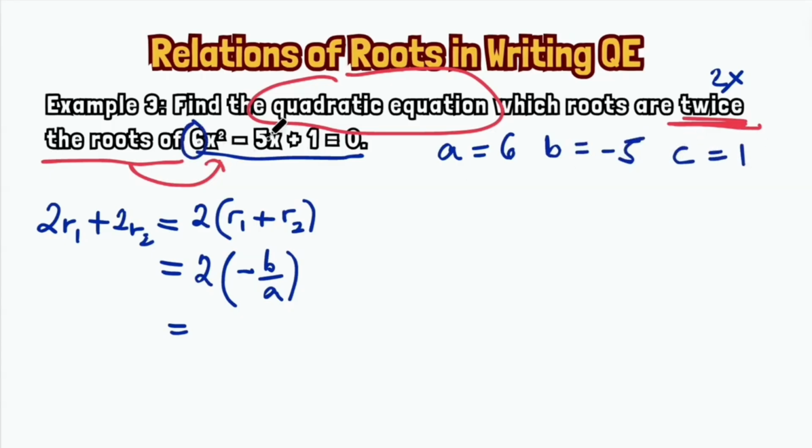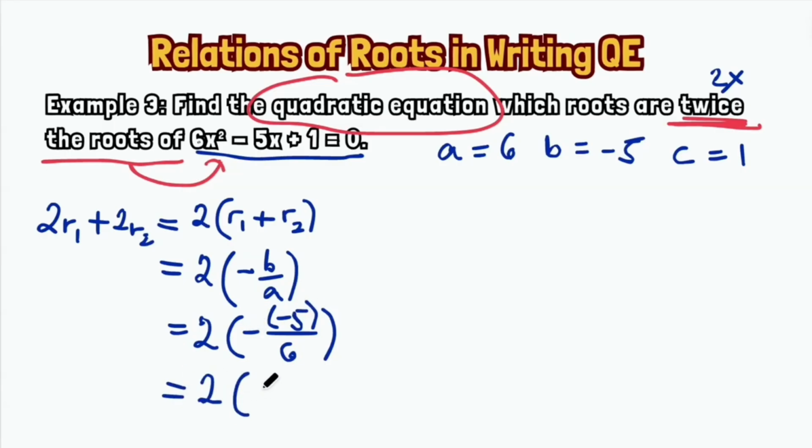Ito yun, 6, negative 5, positive 1. And we can plug in the b, which is negative 5, over a, that is 6. And then we simplify this. So we have 2 times negative times negative 5, that is positive. So we have 5 over 6.